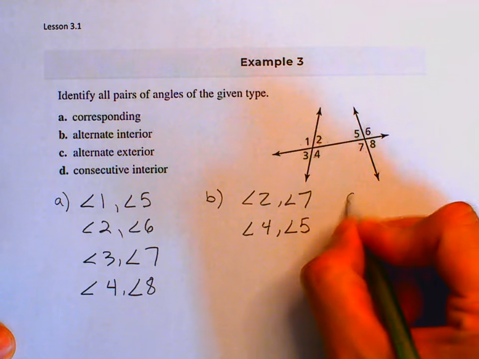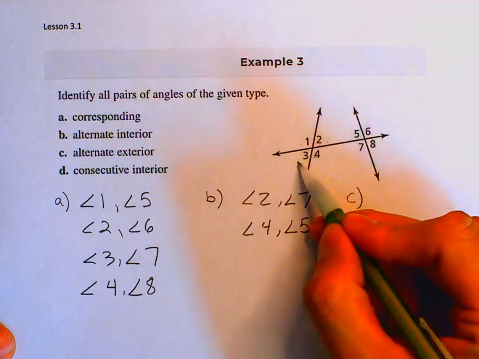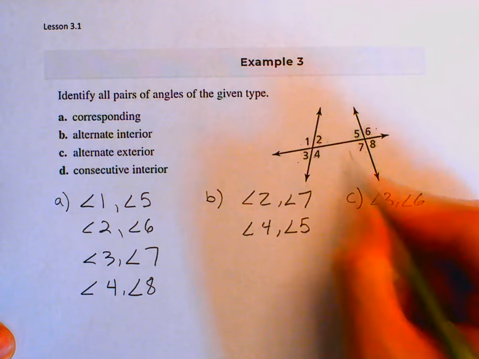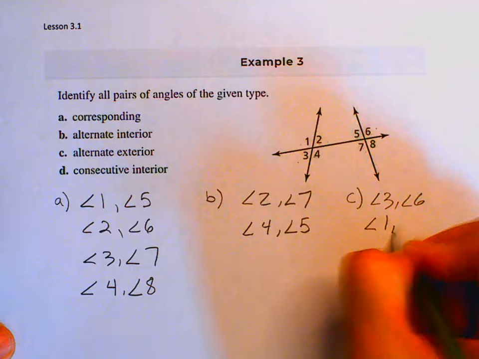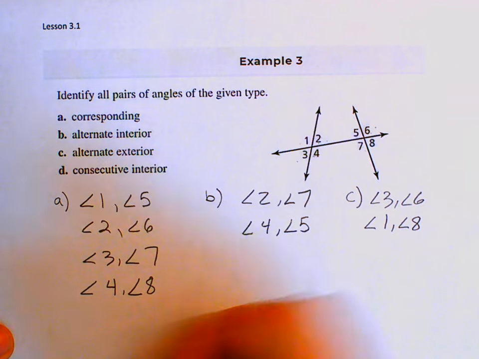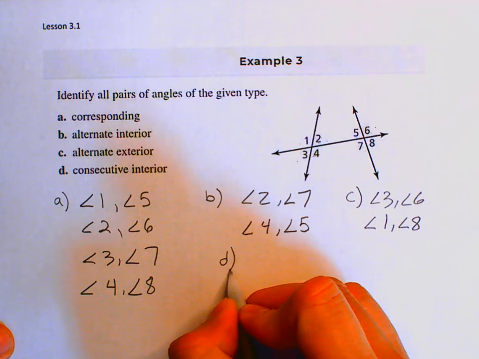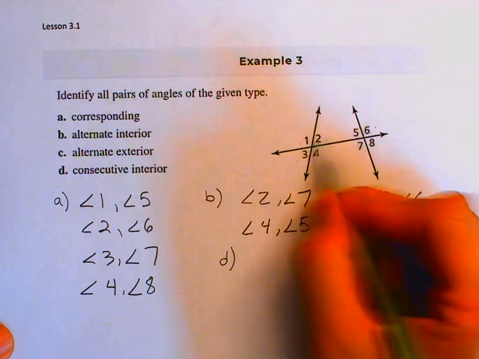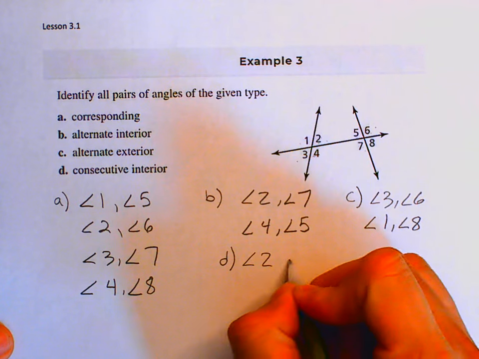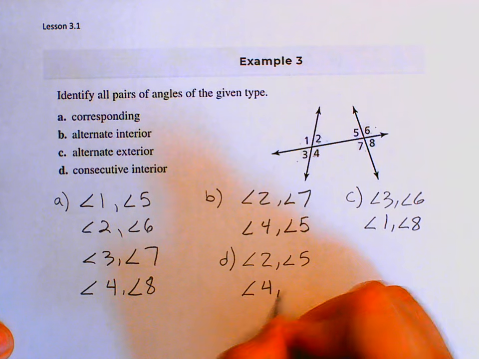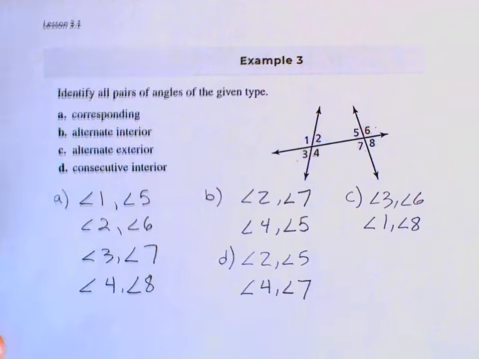Now your alternate exterior angles would be 3 and 6, and angle 1 and angle 8. Now our consecutive interior angles, those are the ones that are on the same side of the transversal. So that would be angles 2 and 5, and angle 4 and angle 7. And that's example number 3.